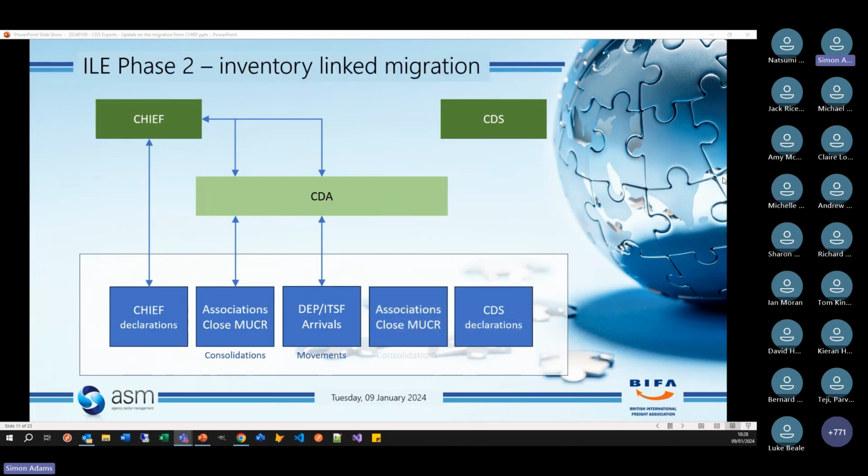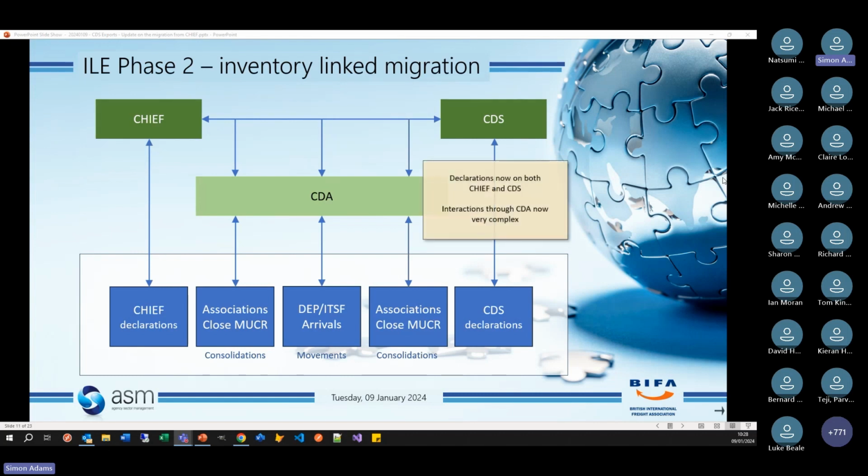The next stage is the one we're really talking about, where you can start migrating your export declarations to CDS away from Chief. And as you can see by all those various arrows, that does make choreographing all the information you need through CDA a reasonably complex beast.